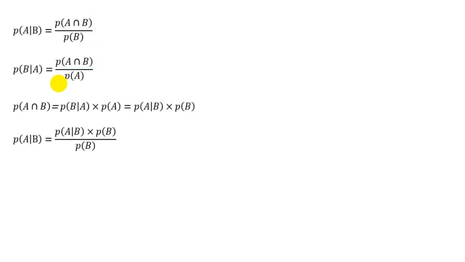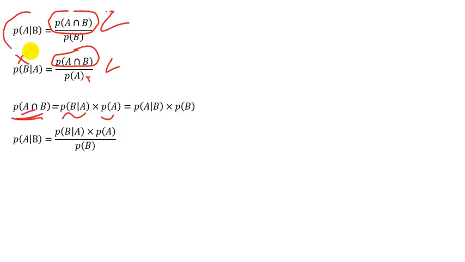Now from this, we can get this: the intersection equals this times this. So it is the probability of B given A times the probability of A. And from here we can get the intersection equals P(A given B) times P(B).